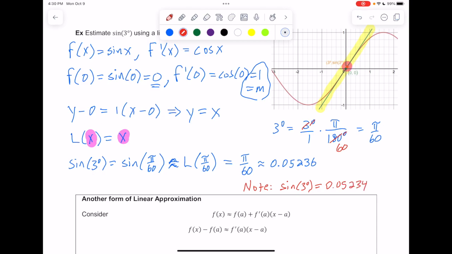So it becomes different in the 6th decimal place, but until then the two matched up. So can't tell much of a difference between the tangent line to sine and the sine curve itself at that 3 degree spot, so we get a very similar answer when we plug 3 degrees into the equation of the tangent line versus if we plugged it into the real thing.